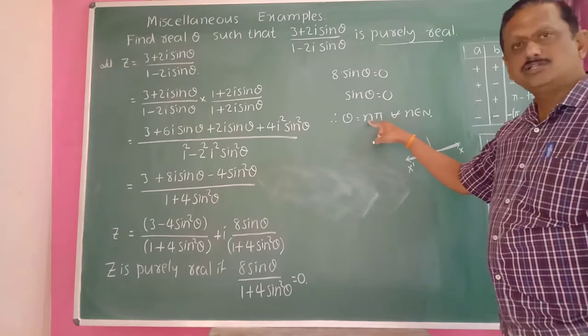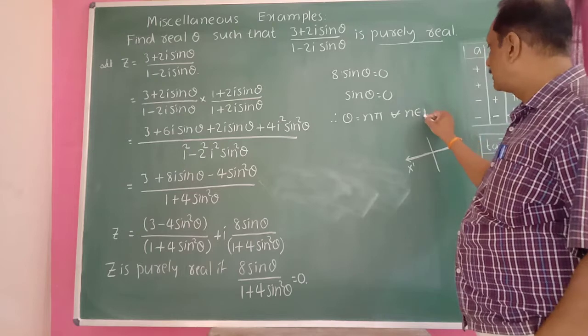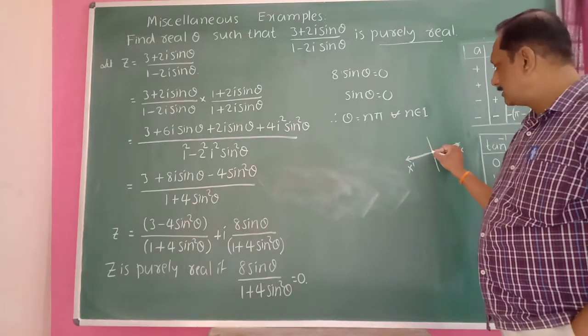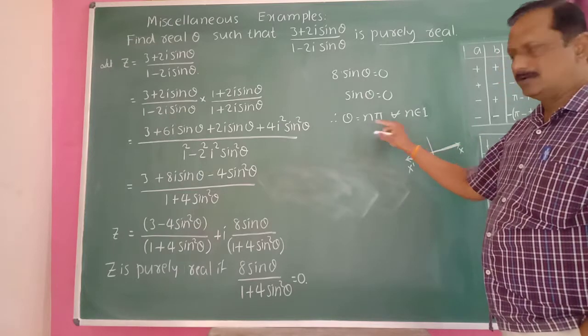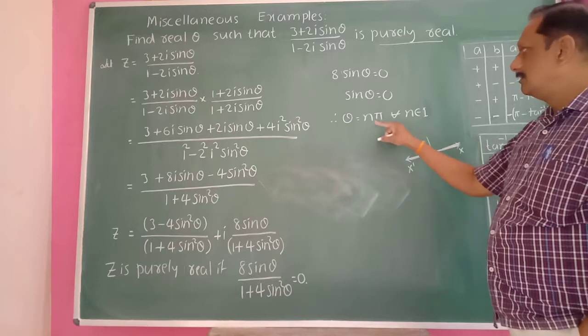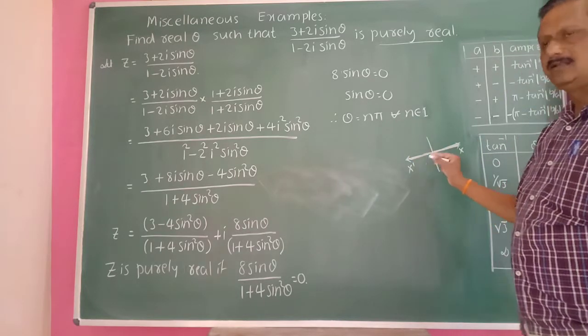If you put n value 0, actually you take here integer. So when n is 0, it comes here. When n is 1, it comes here. When n is 2, it comes here. When n is 3, it comes here. N is 4, it comes here. N pi is this. Like that here.